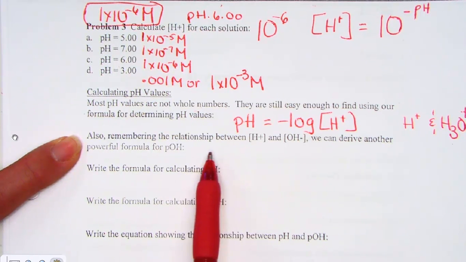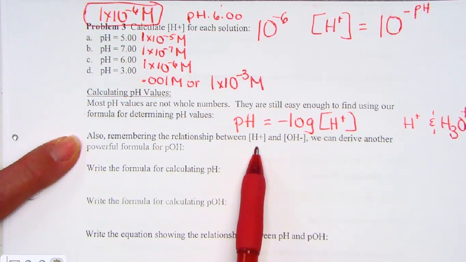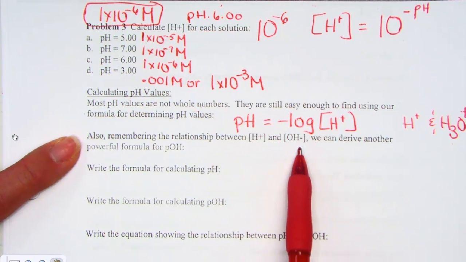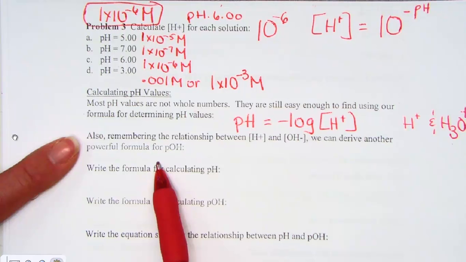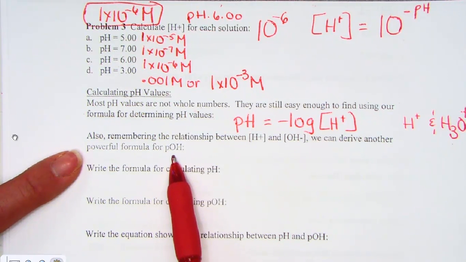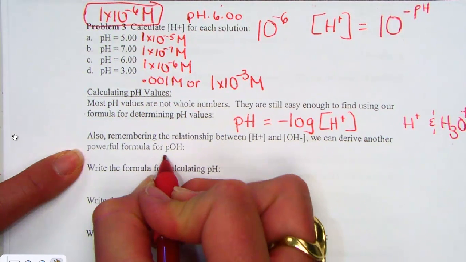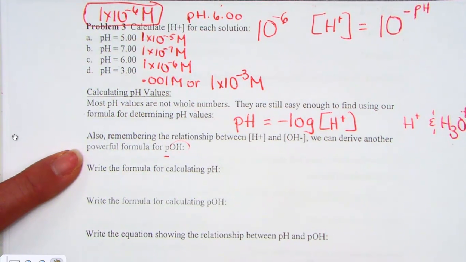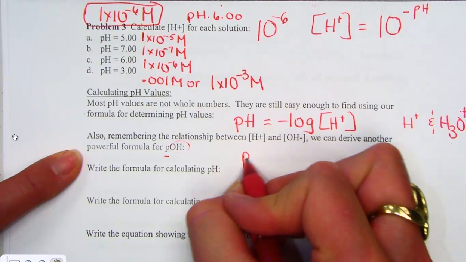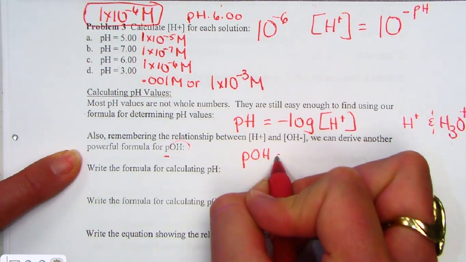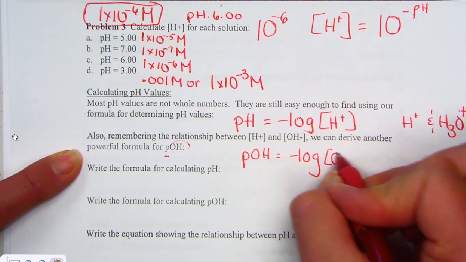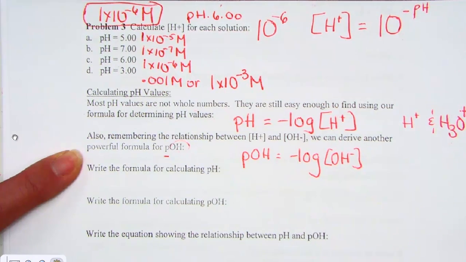Now, remember, we had a relationship between the acid ion, hydrogen, and the base ion, hydroxide. We can derive another powerful formula for calculating the power of the base ion, hydroxide. That pOH can be found by taking the negative log of the hydroxide ion.